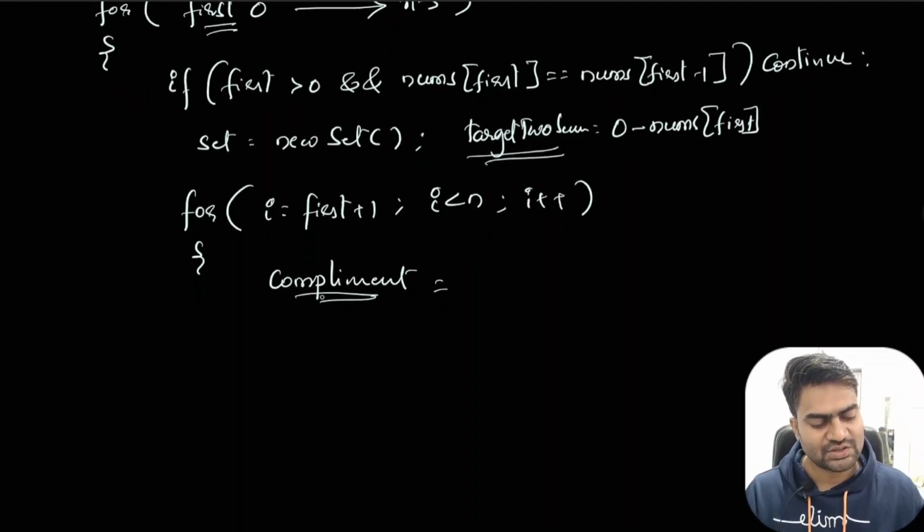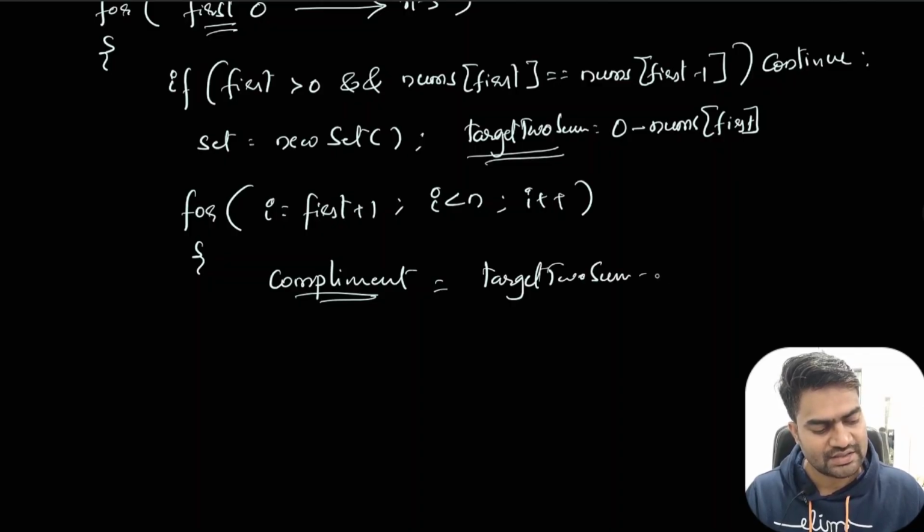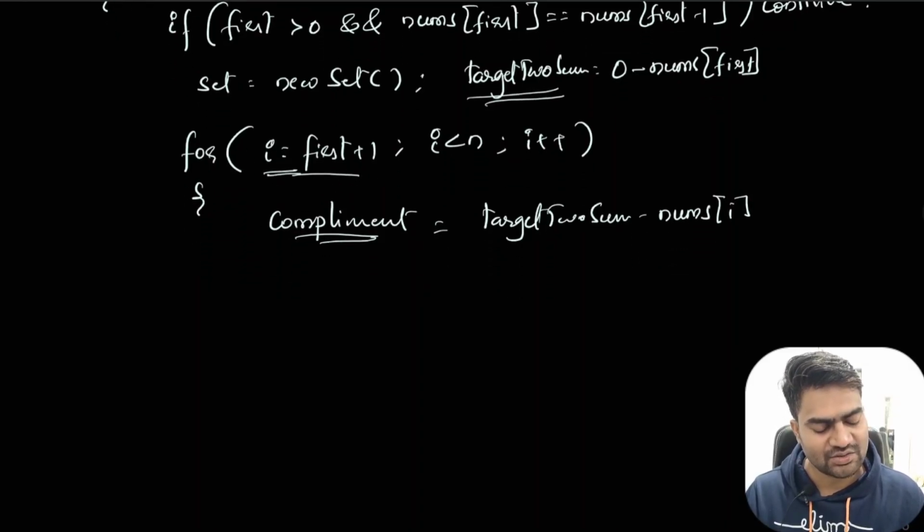Then for the two-sum, the complement will be target two-sum minus nums of i. So I will get the complement.